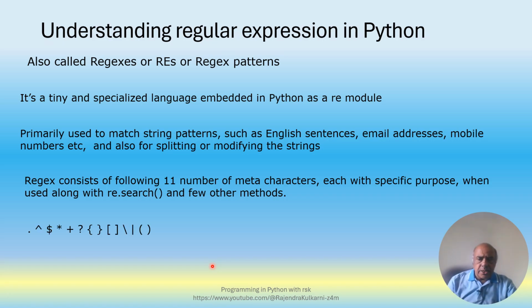These are the meta characters. There are a total of 11: dot, caret, dollar, star, plus, etc. Actually, the study of regular expressions and its understanding depends on how these meta characters are used for our desired results.